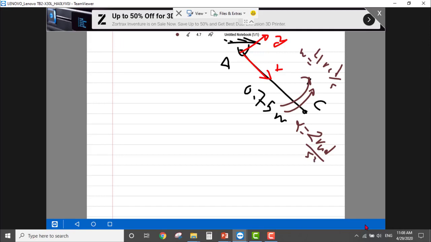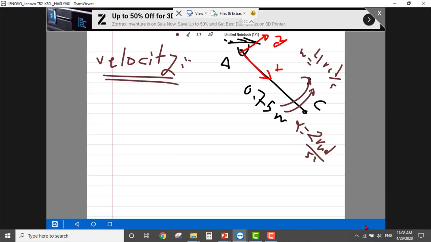Okay, this is everything. So let's now go to the velocity equation. I will finish the velocity equation for both links, and then we'll move to the acceleration equation.